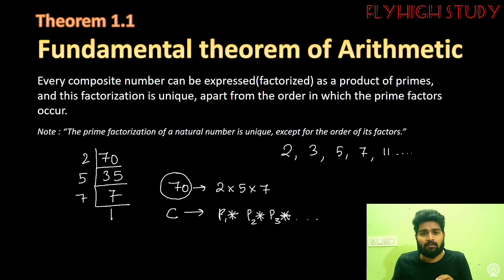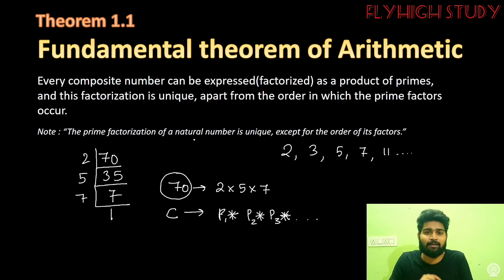Which means the product of some prime numbers will give you a composite number. That is what they are telling us with proper sentence formation. That is not so difficult. Did you understand? You take any composite number. Composite number means it should not be prime.